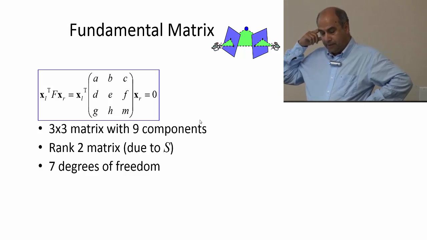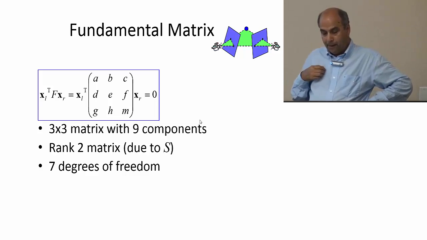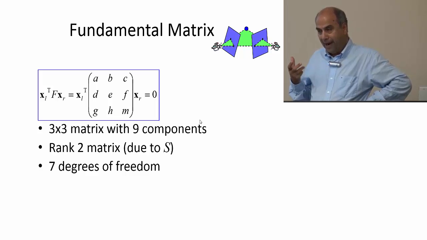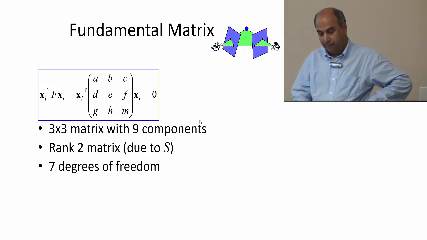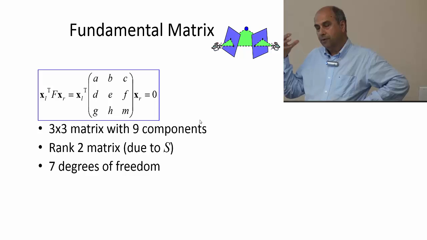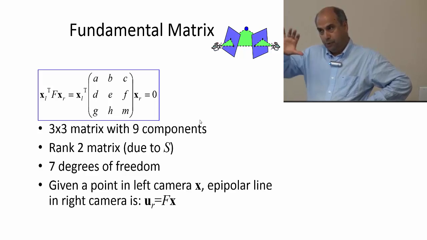The other is that the determinant of this fundamental matrix is also 0, which we'll discuss. Due to that we get 2 fewer degrees of freedom, so we have 7 degrees of freedom. In a way it captures that we have 3D rotation with 3 degrees of freedom, 3D translation with 3 degrees of freedom, and scale. So it's capturing these 7 degrees of freedom between 2 images.